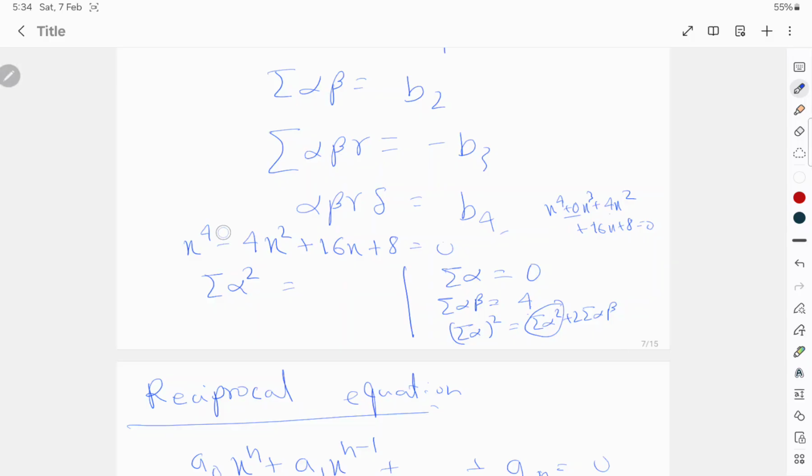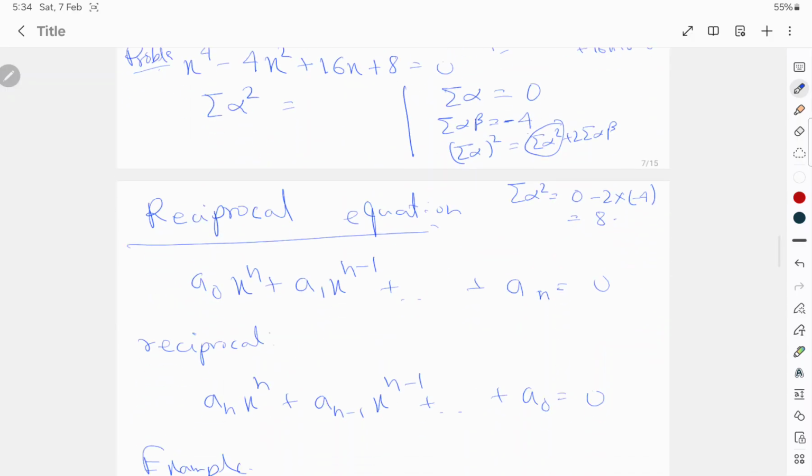From here this 4 should be minus, otherwise you are getting summation alpha square as minus 8, which is not true, right? So from there, summation alpha square is equal to summation alpha squared, 0, so 0 minus 2 into minus 4, so you have 8. This type of problem I have also seen in some other problems. I think this type of problem you have already practiced, right?